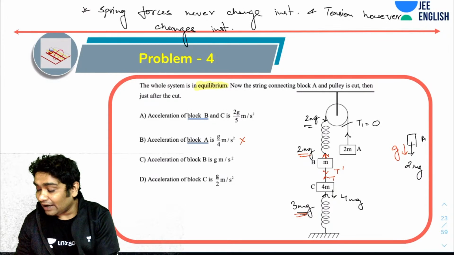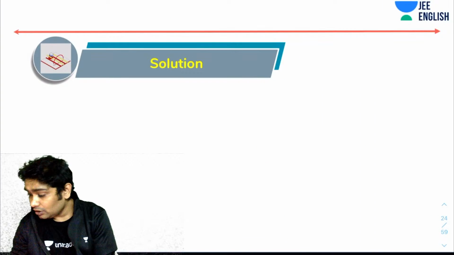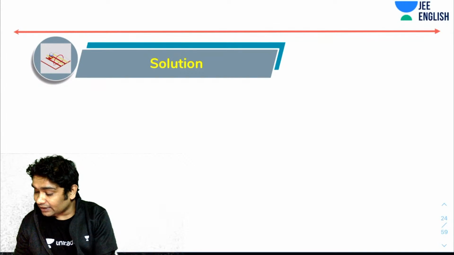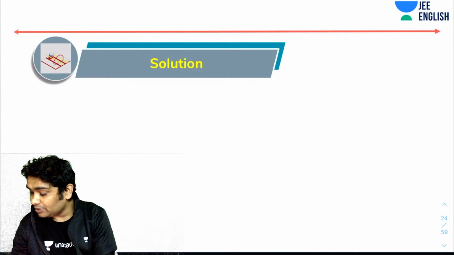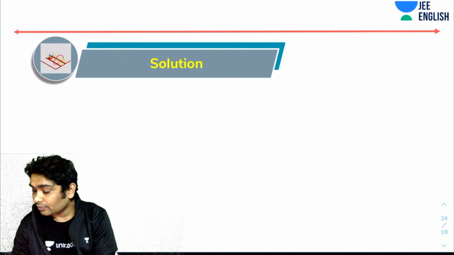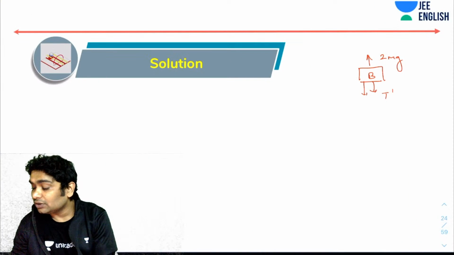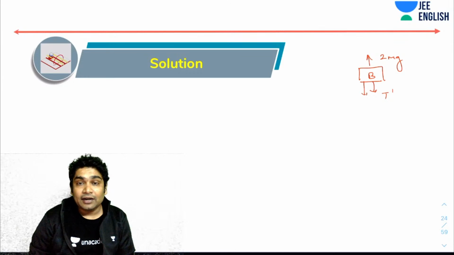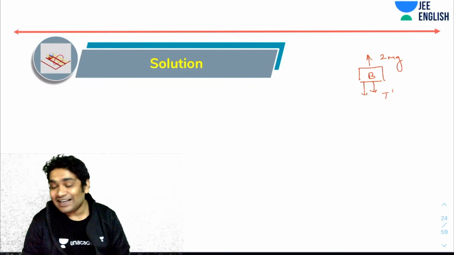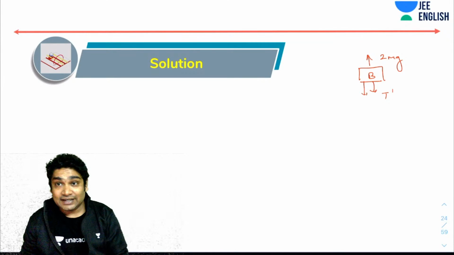For B, if I focus on B, what is the FBD of B looking like? It has a force of 2 mg upwards, it has a force of T dash downwards, and it has a force of its own weight, mg downwards. These are the three forces that I would have seen acting on B. How about C then?